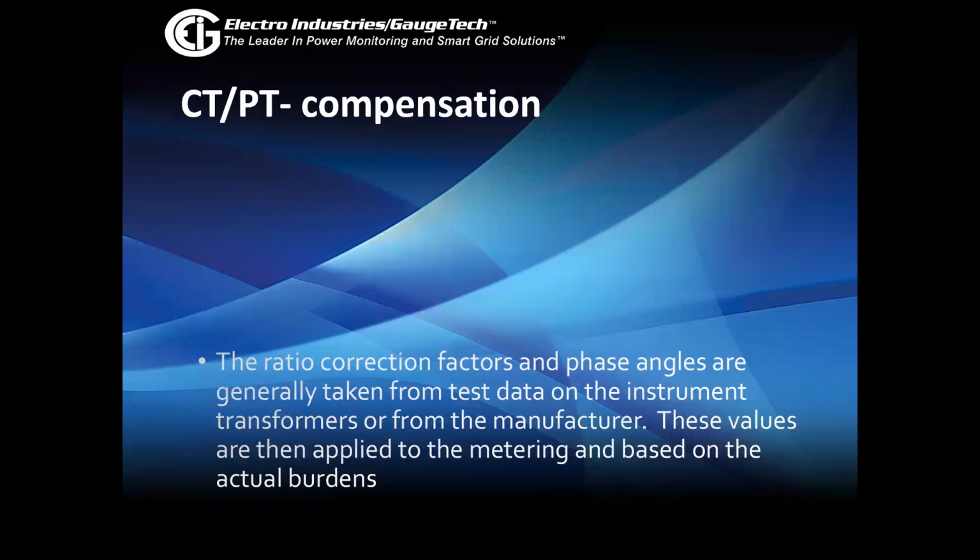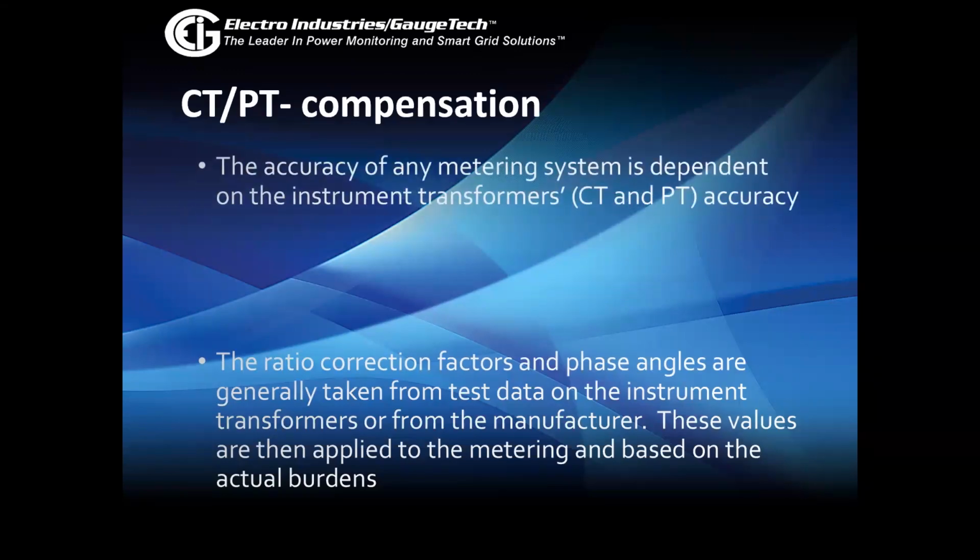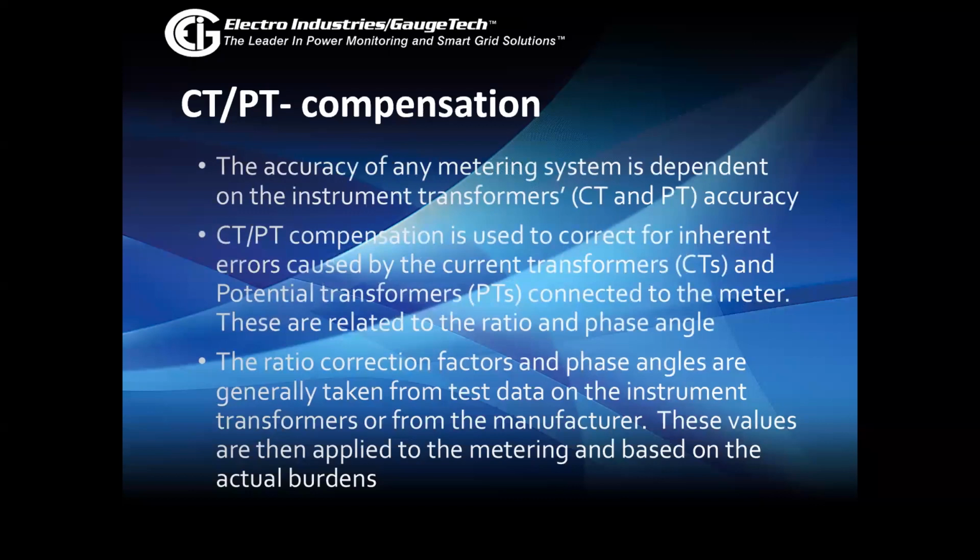Okay, the last compensation that we look at is the CTBT compensation, and this is the error correction factors. Let me just back up a little bit. The accuracy of any metering system is dependent on the instrument transformer. And the CTBT compensation is used to correct for inherent errors caused by the current transformers and potential transformers.